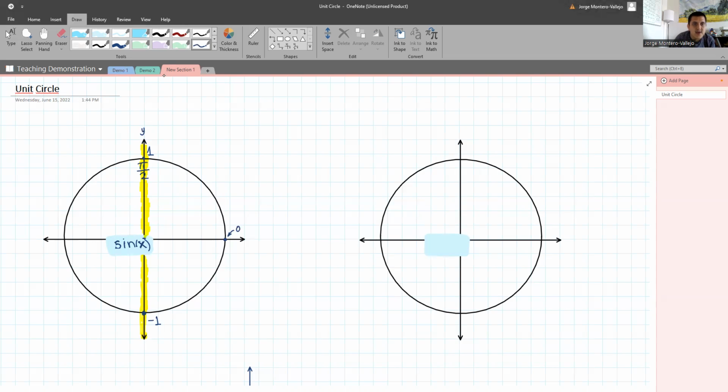Well, the shadow of the point here is directly on the y value 1. So sine of pi over 2 is just directly 1, because that's the shadow on the y-axis. Now let's write down here also what we got for sine of 0. The shadow of this point is just 0 on the y-axis, so its sine value is 0.